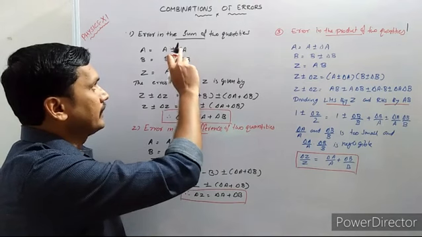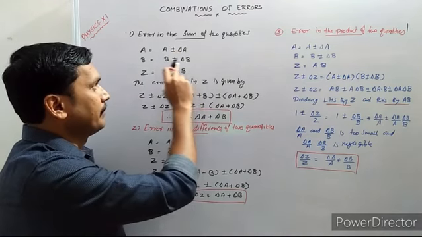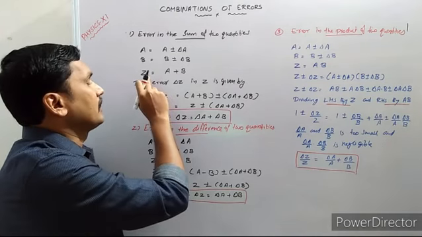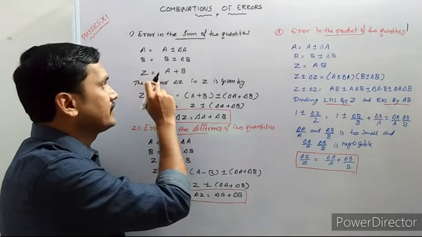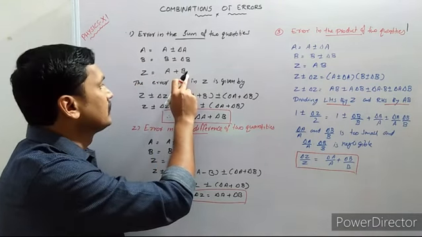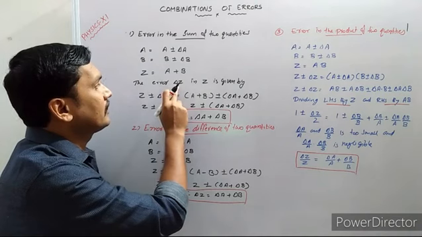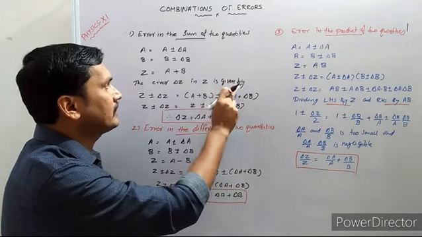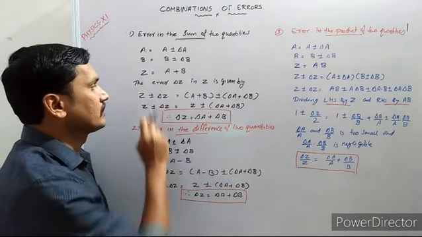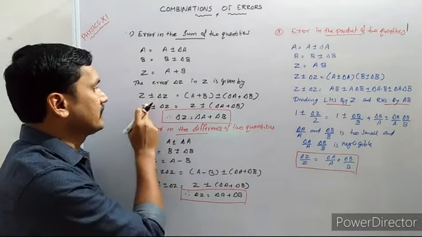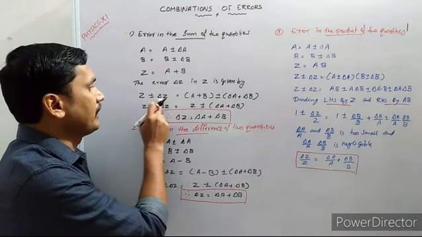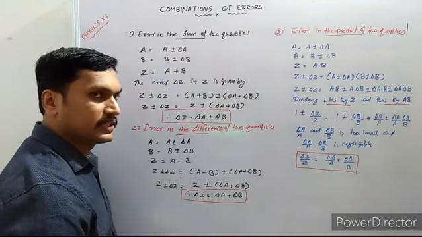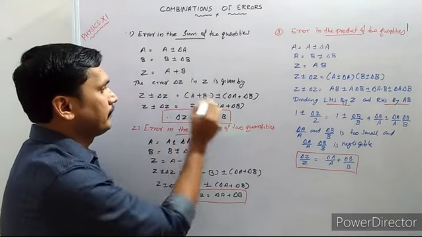And we are finding the result Z, which is the sum of A and B. Let us say delta Z is the error in the final result, that is in Z. So we can calculate what delta Z is. Z plus or minus delta Z is the final result. Z plus or minus delta Z is equal to A plus B.